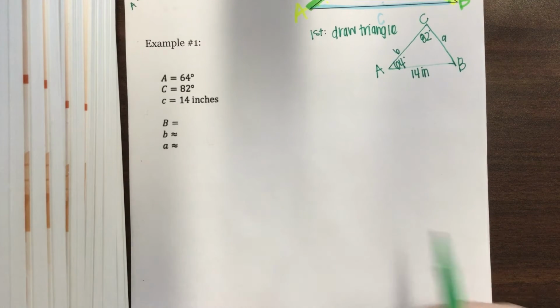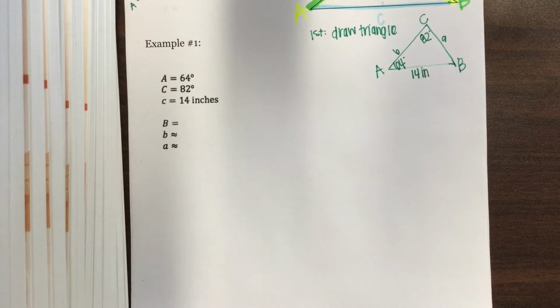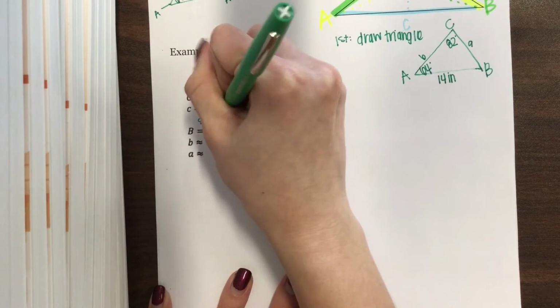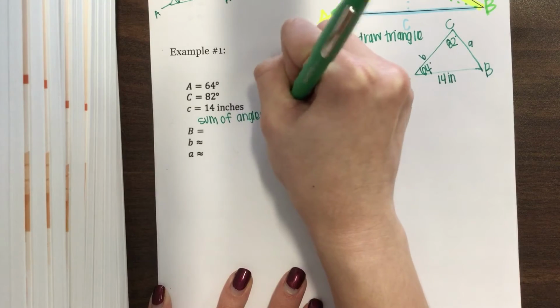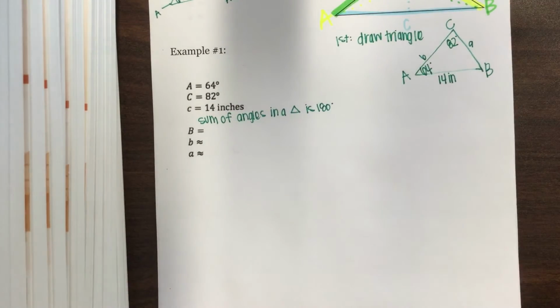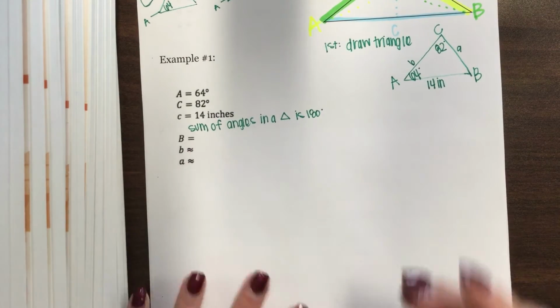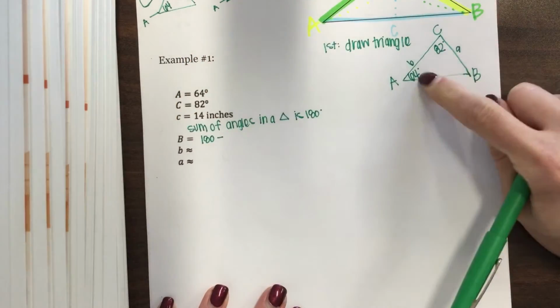Okay, so we need to solve for angle B first. If we have two angles, you're always going to solve for the other angle. And we know, from prior knowledge, that the sum of angles in a triangle is 180 degrees. So we're going to use that knowledge to find B. We can take 180 and subtract these two angles.